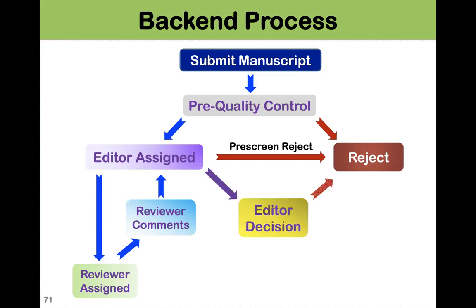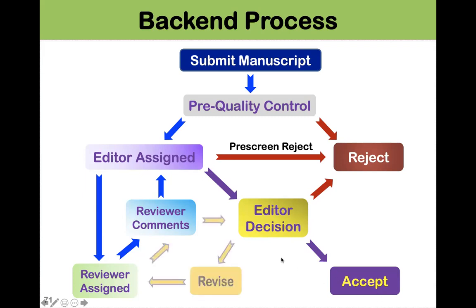But at this point, the editor says, I'm going to reject, right? Based on the reviewer comments, it goes back to the assigned editor, and the editor says, you know, I don't want to waste my time on this paper. They reject this paper. Or the editor says, no, I'm going to send it back, right? And accept. It doesn't stop here, right?